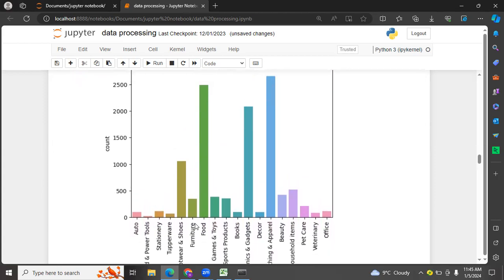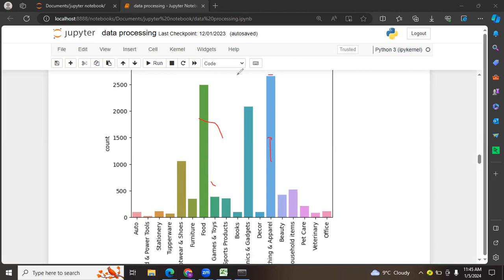We can extract that the whole market is based on food products and clothing products.